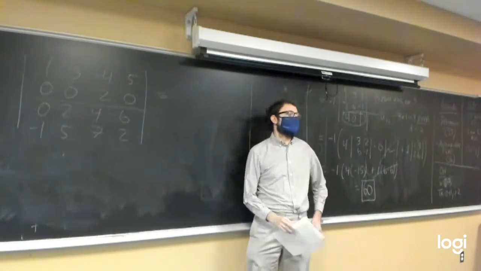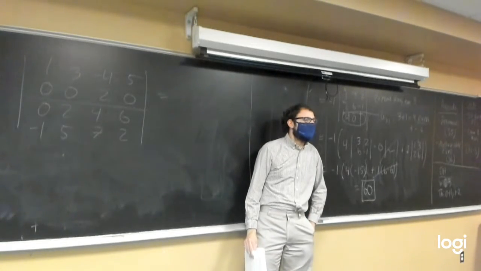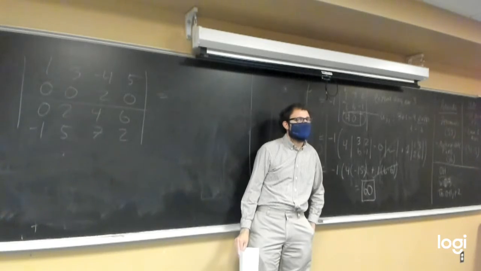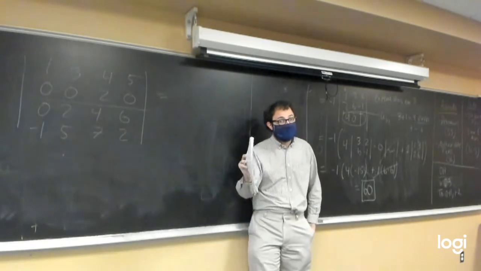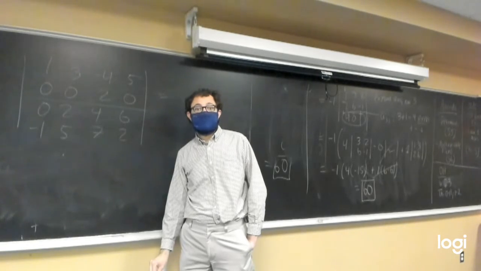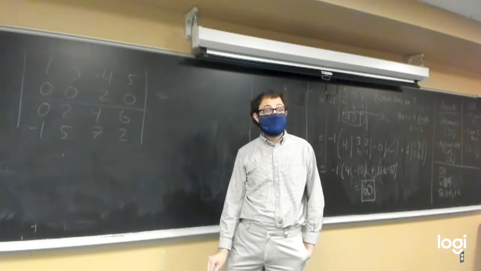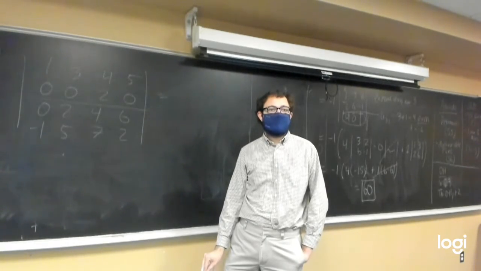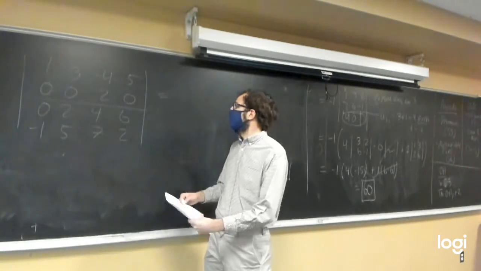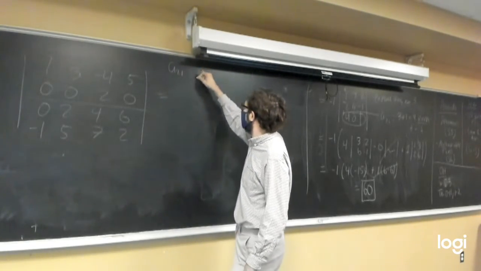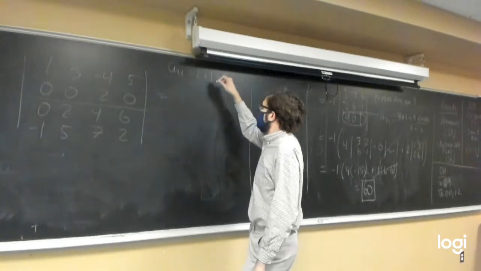For expanding along row 2, are we going to have a plus minus thing going on, or a minus plus minus plus? It could be plus minus since it's an odd number. No, sorry, it would be minus plus because it's an even number of commas.